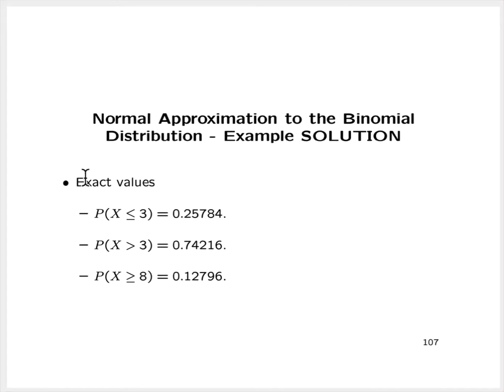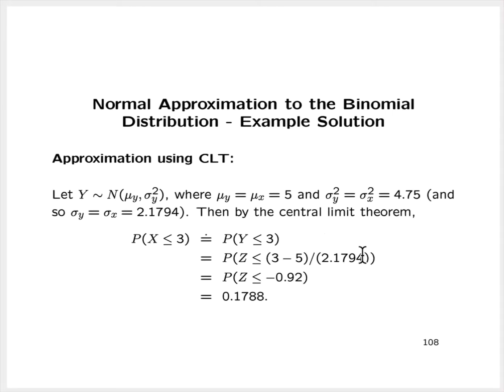So these are the exact values for those probabilities to 5 decimal places. Now what we're going to do is approximate these probabilities by appealing to the central limit theorem and using the appropriate normal distribution to approximate the sampling distribution of x.